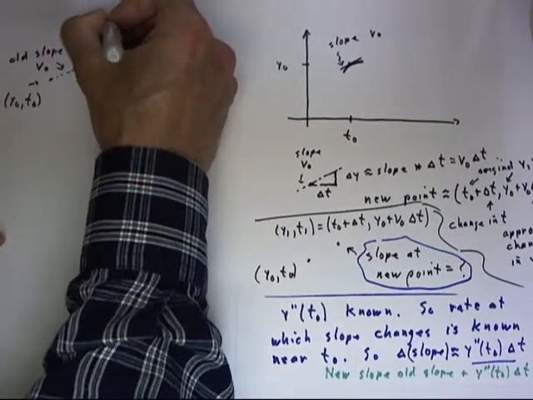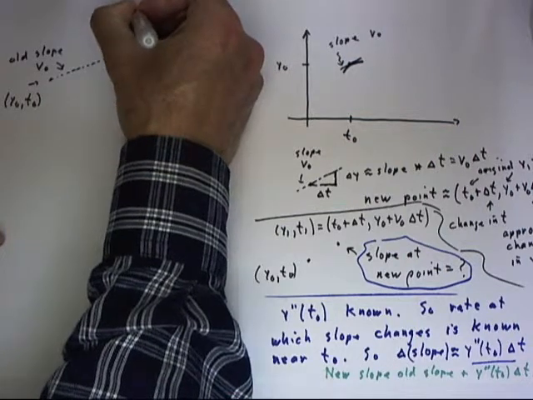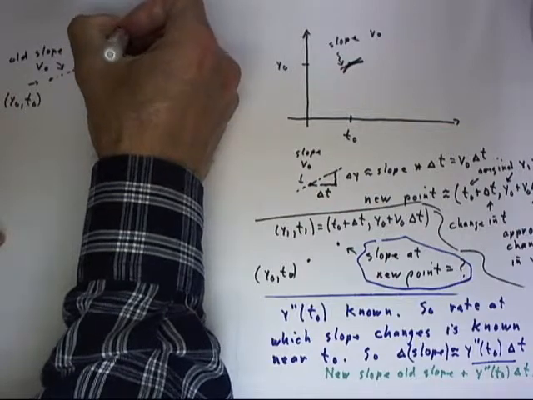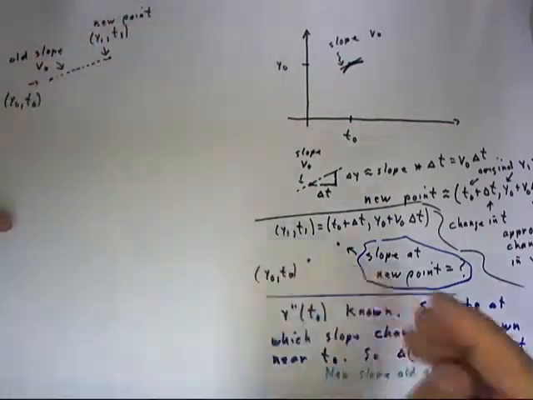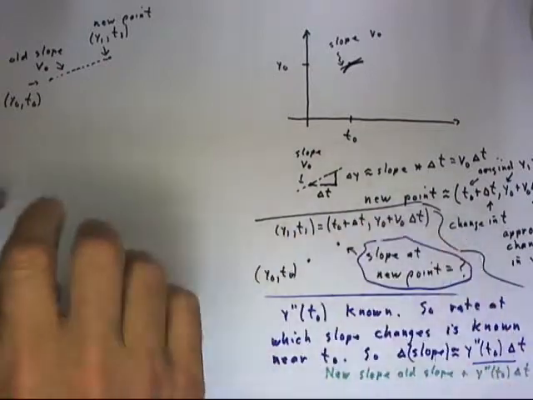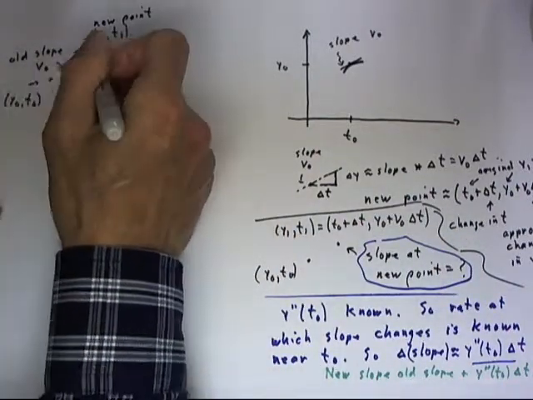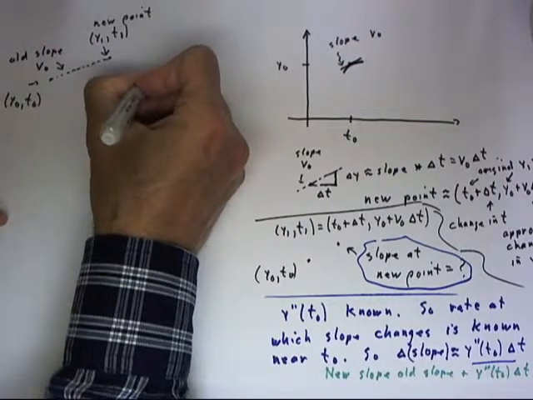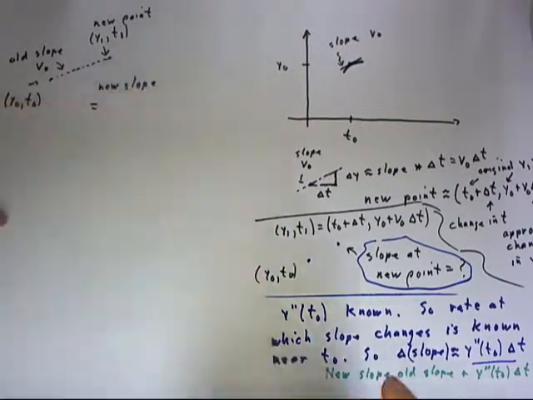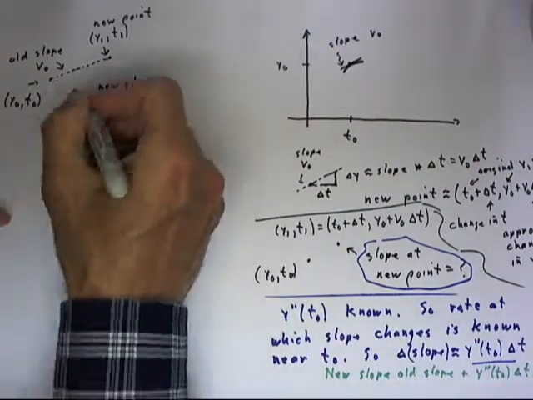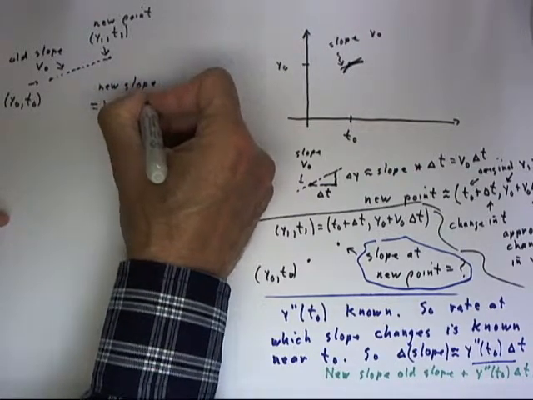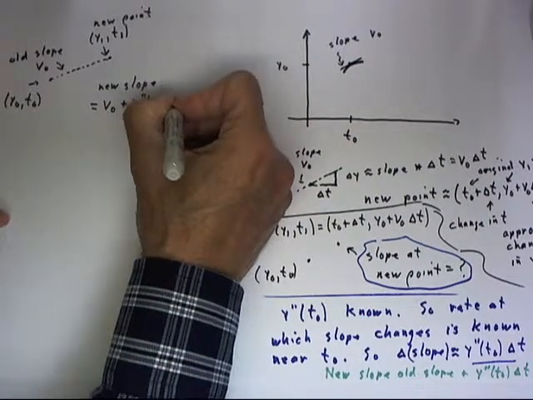We have our new point, y1, t1, which is calculated, as we've seen, approximated. And now we know that our new slope is what? Well, it's our old slope plus the change in the slope. And that's going to be v naught plus y double prime of t naught times delta t.